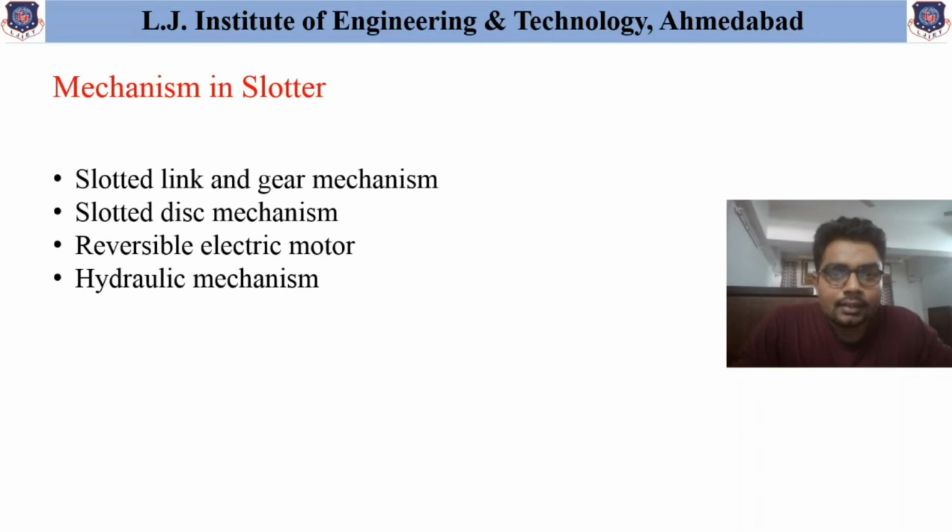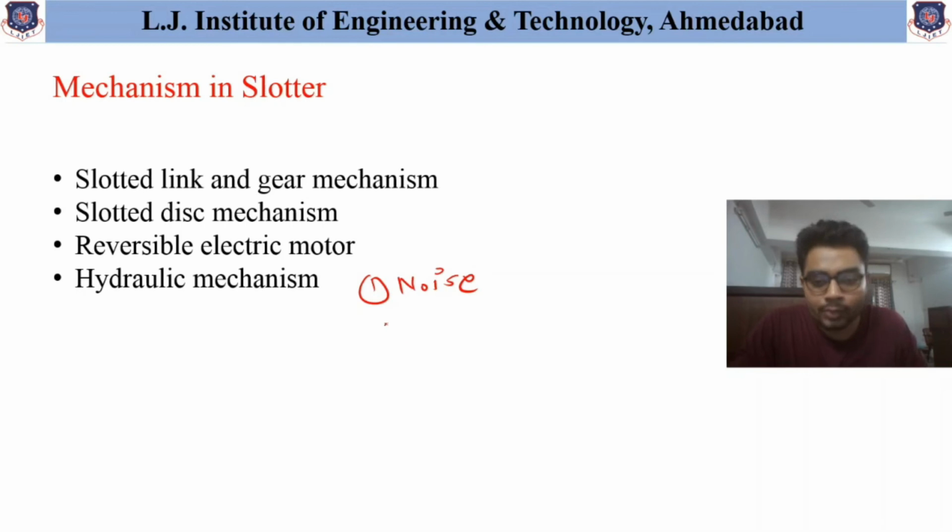The advancement and use of this hydraulic mechanism is because it overcomes the problems that arise with the mechanical parts used in different mechanisms. The major disadvantage of using these mechanical parts is, first, noise, because mechanical parts generate noise which is harmful to the operator.